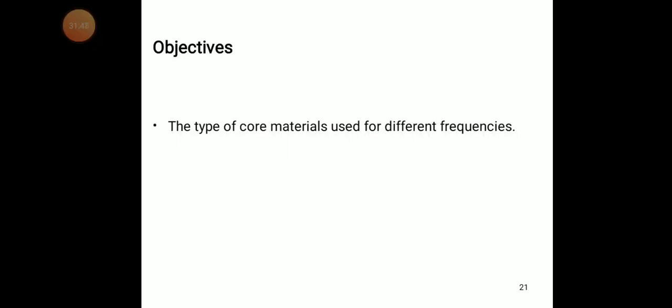To get more induced EMF, we use the core. The core is a magnetic path which passes the magnetic flux through that path and cuts the required coils.